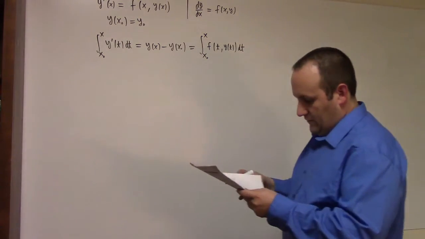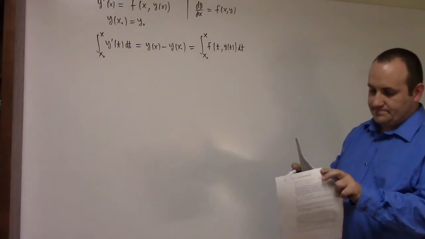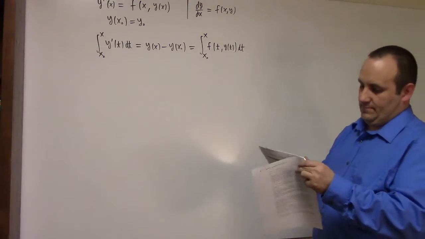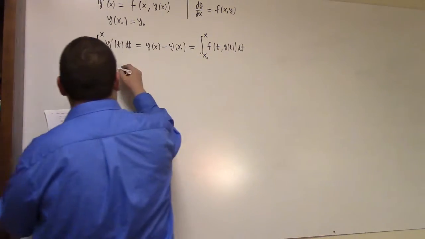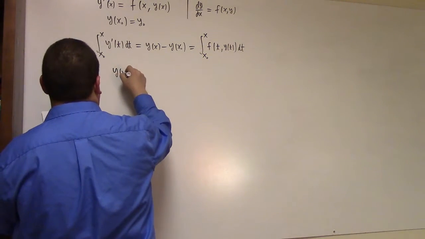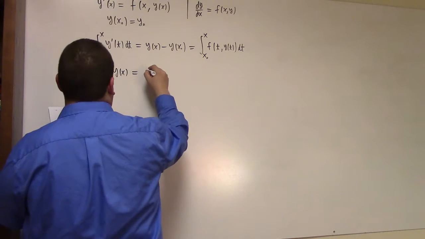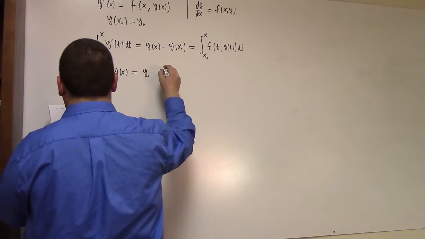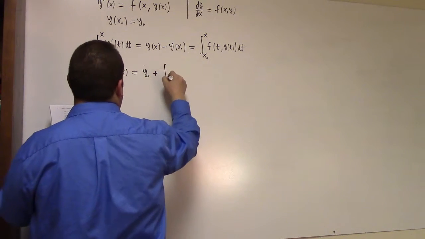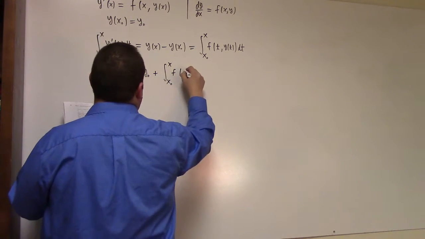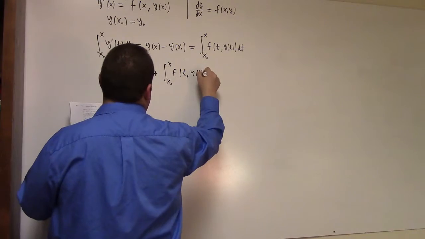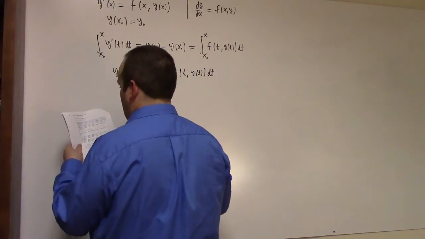So continuing on, we have y of x is equal to y naught plus the integral from x naught to x of f of t comma y of t dt.